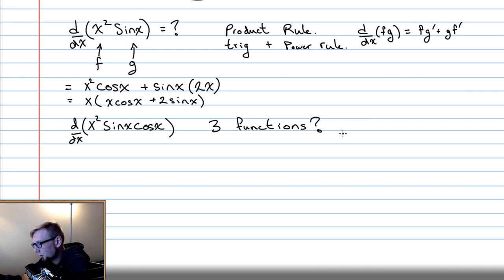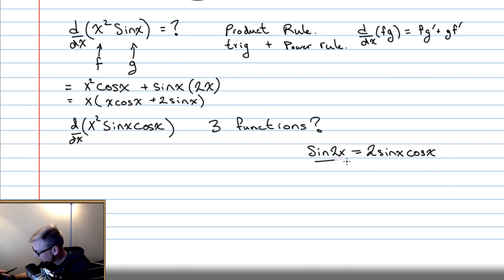You just need to have an extended product rule. But what I'm looking at is this sine x cos x. There's an identity here. There is a double angle identity: sine 2x equals 2 sine x cosine of x. Okay, which means that if we just divide by 2, sine x cos x is just sine of 2x over 2.